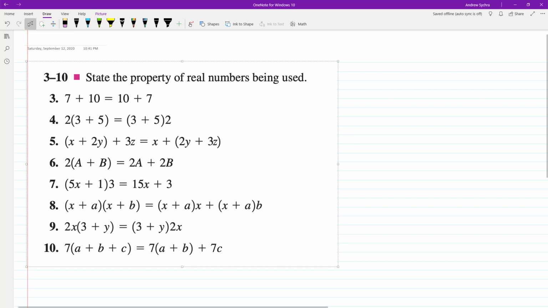So we're going to do properties here really fast. So what about the first one? This is going to be the commutative property, because it doesn't matter which way. So commutative property. Sorry.